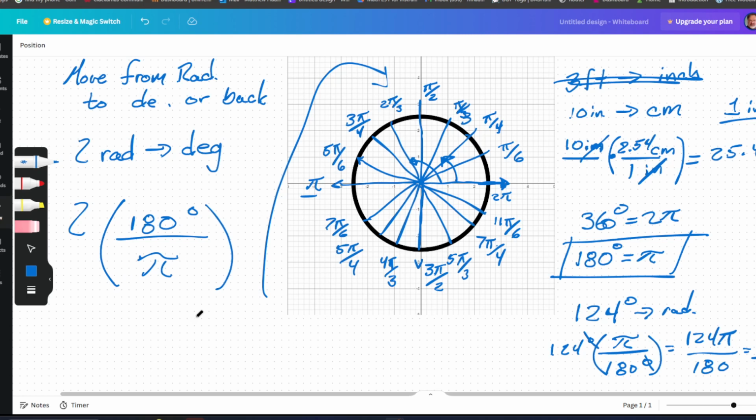Degrees is not a nice ratio unit. So if you're writing something in degree measure, it must have the degree symbol on it. If not, your angle was in radians. If I say I've got an angle of 45 and I leave that alone, that is an angle of 45 radians, because it doesn't say degrees. Be careful about that.